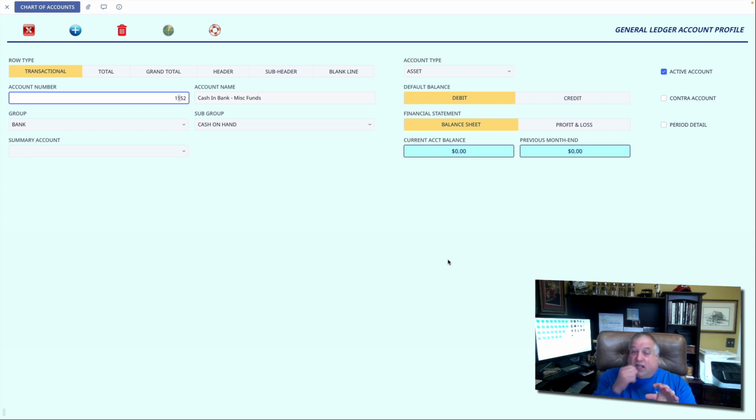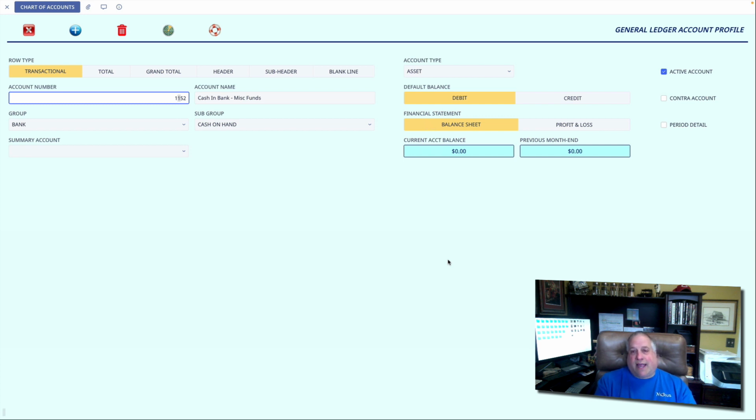Now remember, our chart of accounts does many things. First and foremost, it allows us to bundle, group, or consolidate similar transactions under one account and generate an account balance. Second of all, it allows us to drive the format and visual appearance of our primary financial statements, our balance sheet, our income statement, and our statement of cash flow.